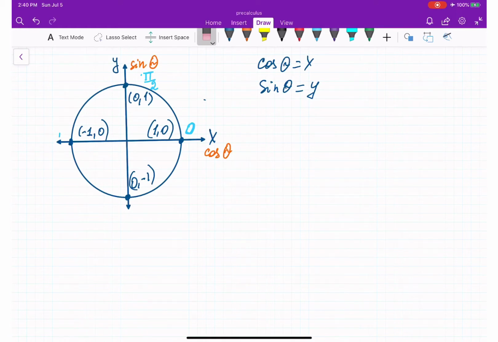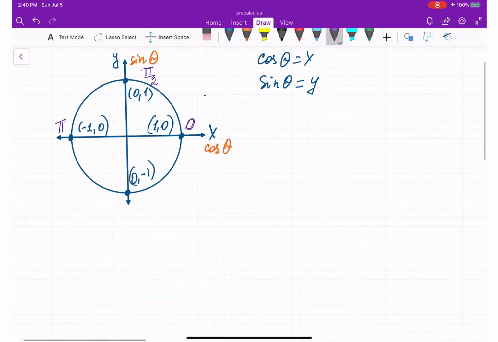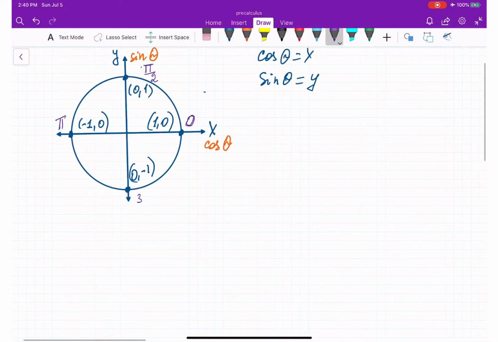I guess blue wasn't the best idea, huh? Pi, here we got 3 over 2 pi, and here we got 2 pi.